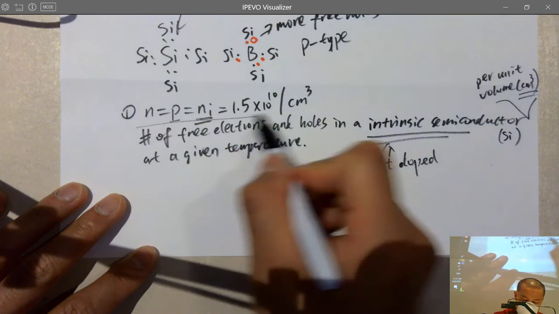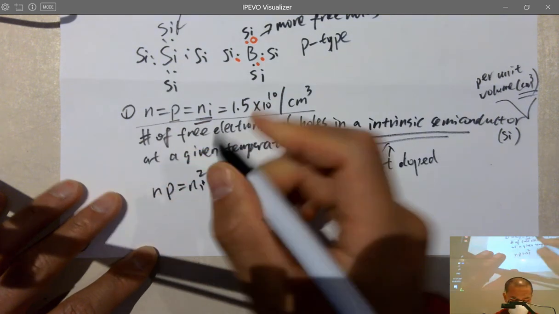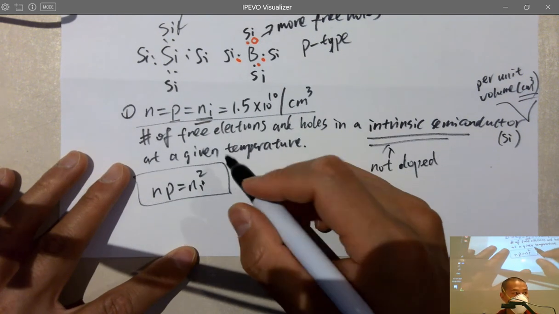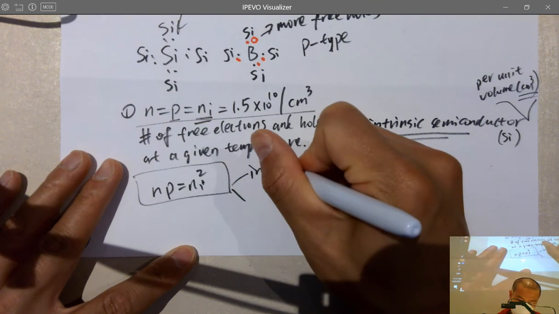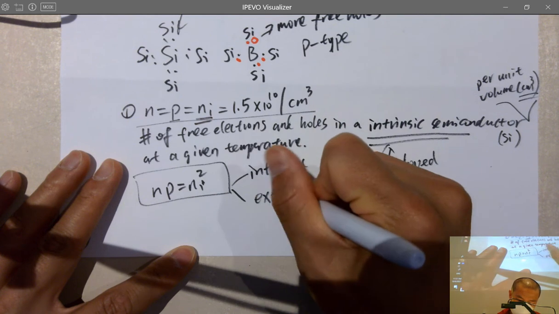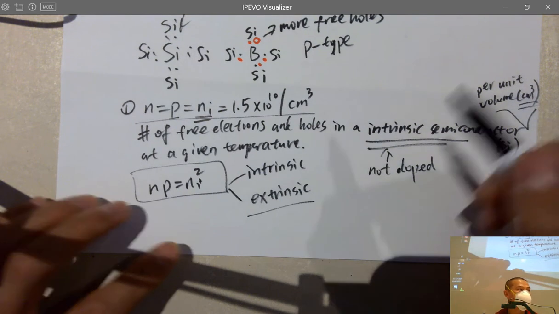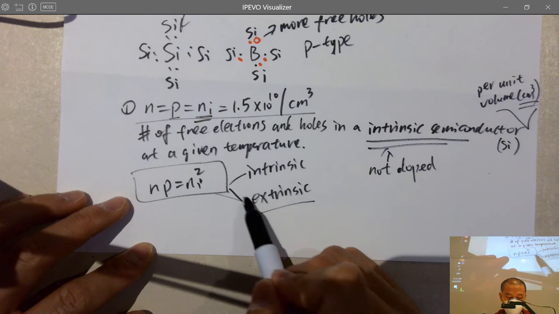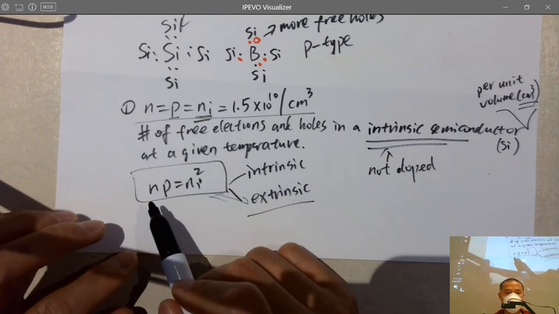So first you know this constant, and also np equals ni squared. It's another equation. This works for both intrinsic and extrinsic semiconductor materials. So this is a doped silicon. It won't be super accurate, but it works. We can use this equation to calculate the concentration of holes or electrons.